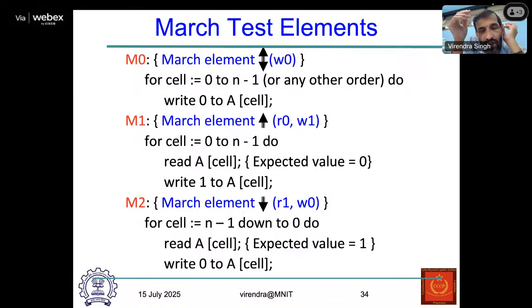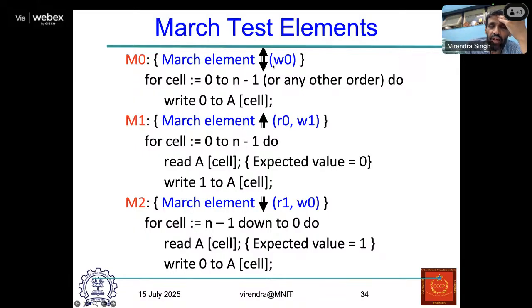In march M1, I am going in the forward direction 0 to n minus 1, doing two operations, one read and one write. And in the third march, I'll go in the reverse direction of march M1 and read whether it is storing the value 1 or not.